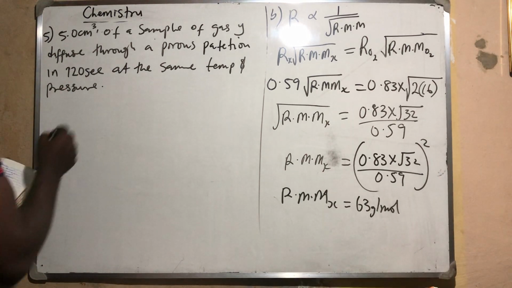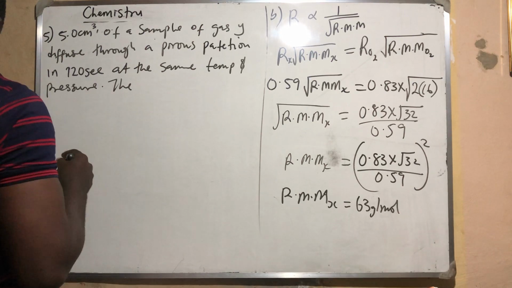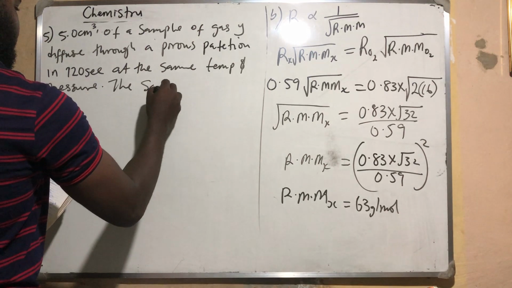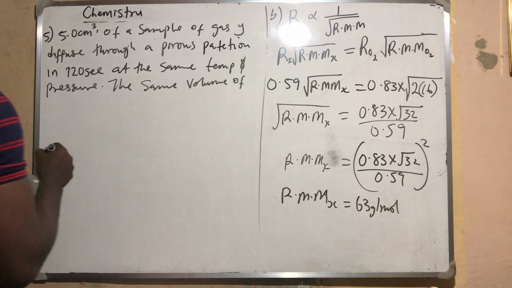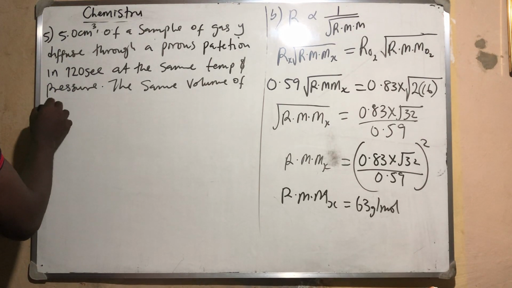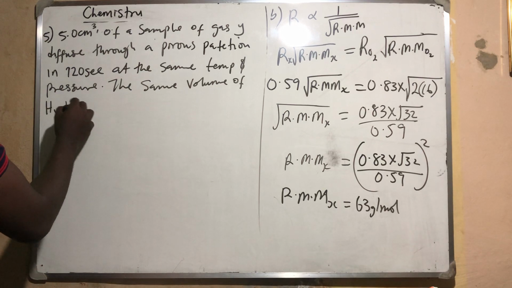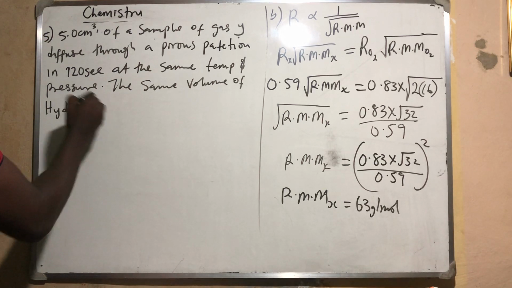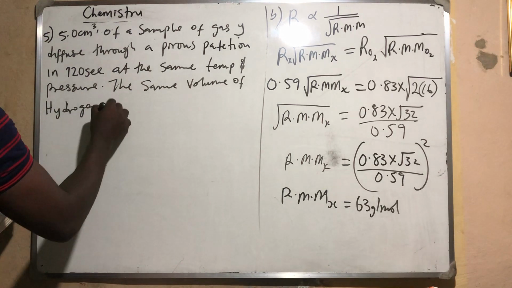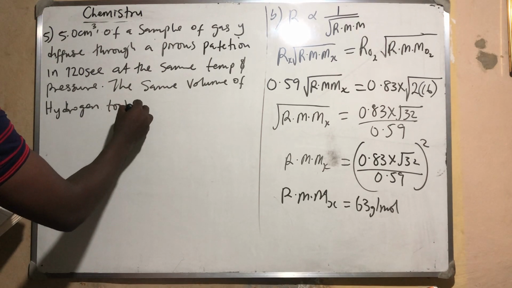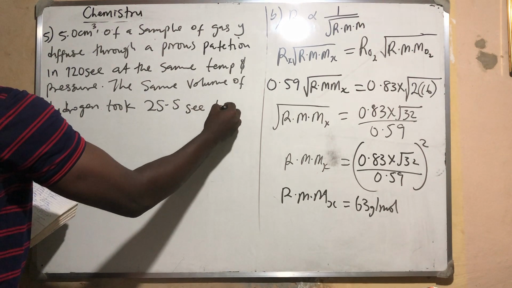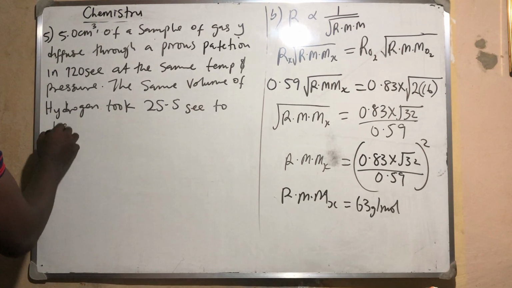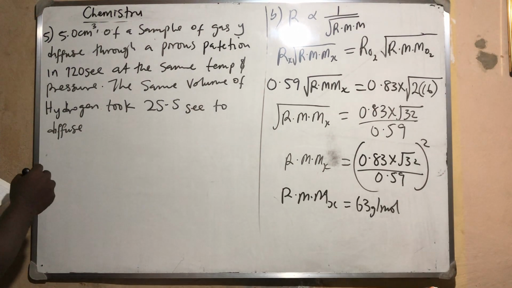Then it says the same volume of hydrogen took 25.5 seconds to diffuse.